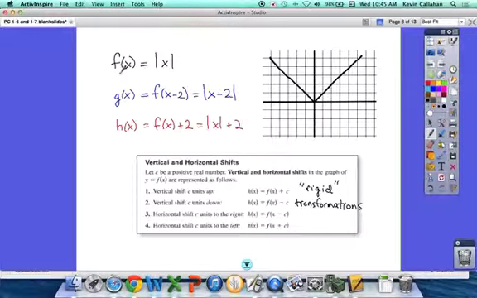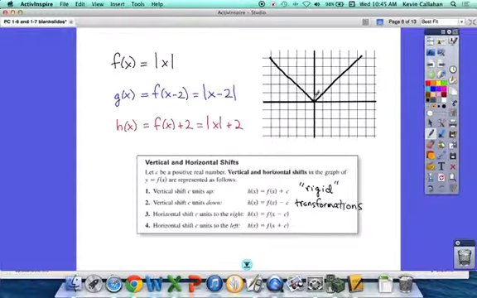So if f of x is the absolute value of x, we're going to define g of x as f of x minus 2, right? How do you find f of x minus 2? You put x minus 2 in the place of x. Well, notice on this graph, f of 0 is 0, right? Which means that's why you're on the x-axis, right at the origin.